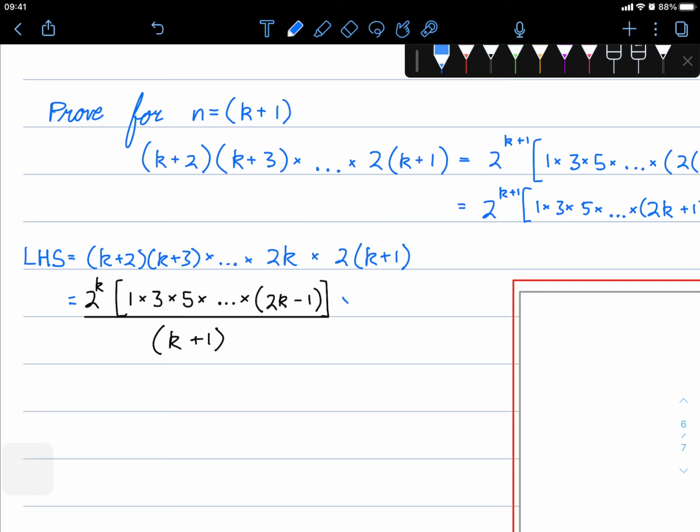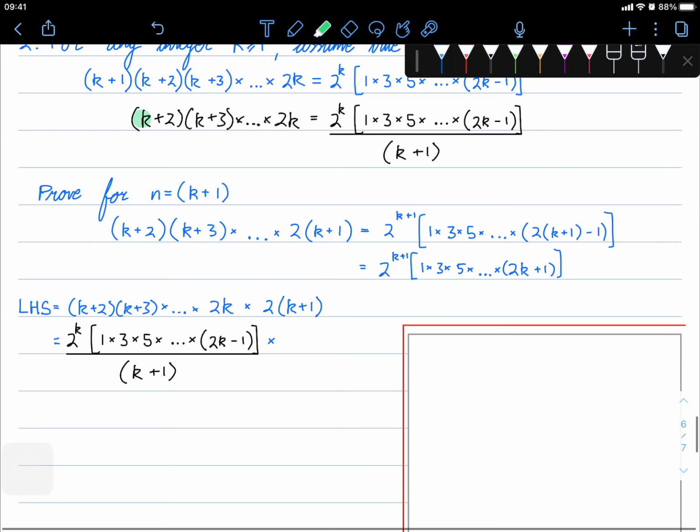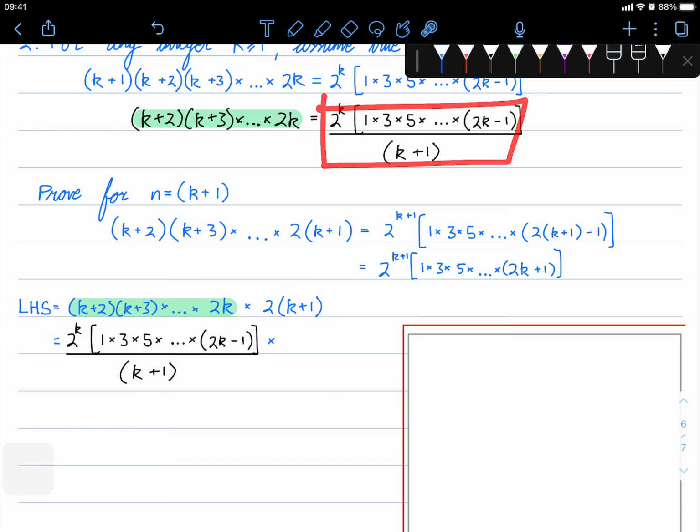This is going to multiply by this term here. So just being very careful now. This expression is equal to this expression. And I've substituted just that here. We're still left with 2 times k plus 1.